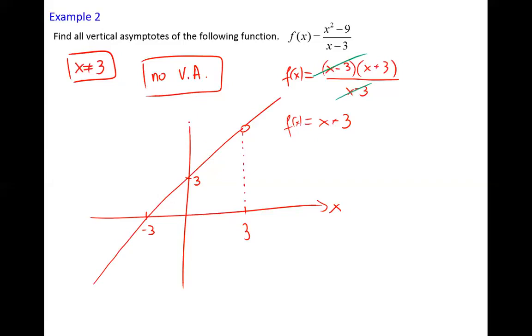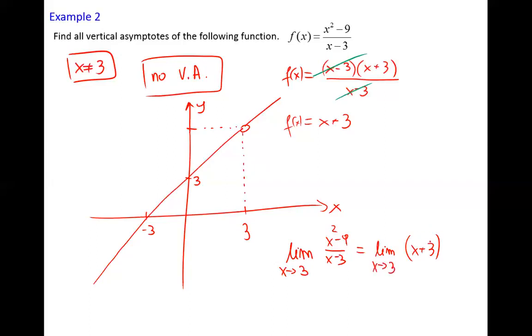And we can easily find the height of this open dot, this removed point. It's a removable discontinuity. We compute the limit as x goes to 3 of the function. I know that I can simplify the function to the form x plus 3.